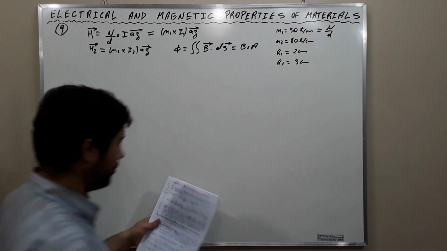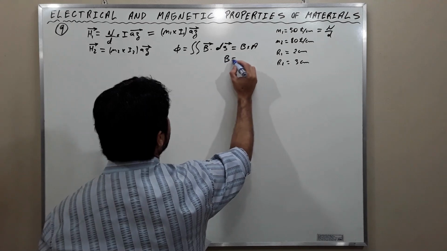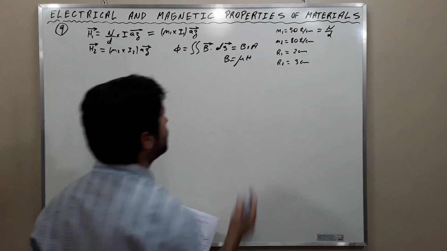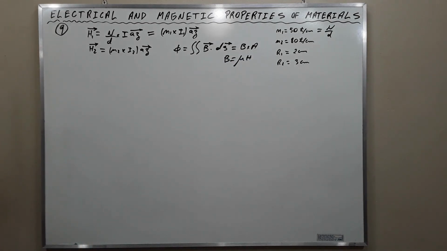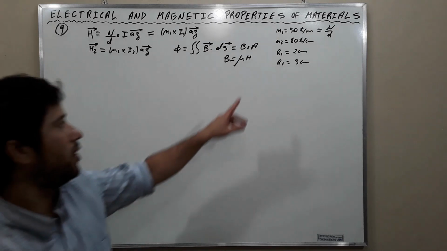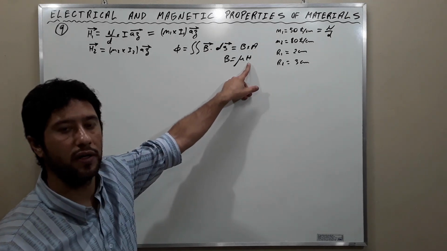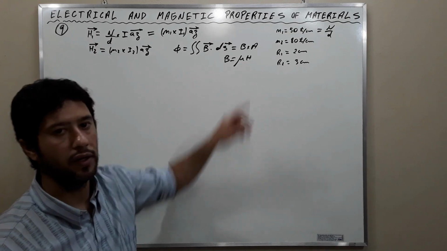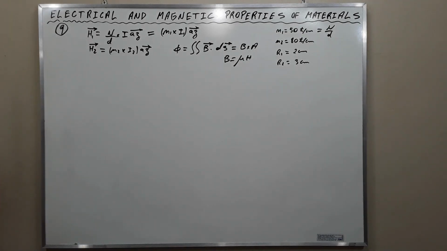And since B is equal to mu H, the magnetic flux density is related to the magnetic field intensity by the permeability of the material.